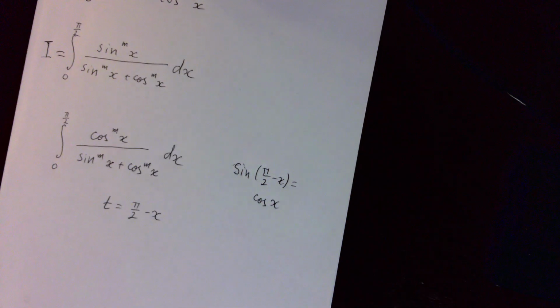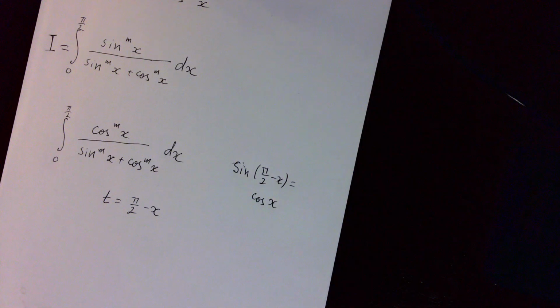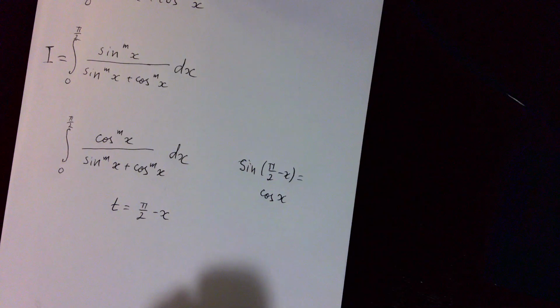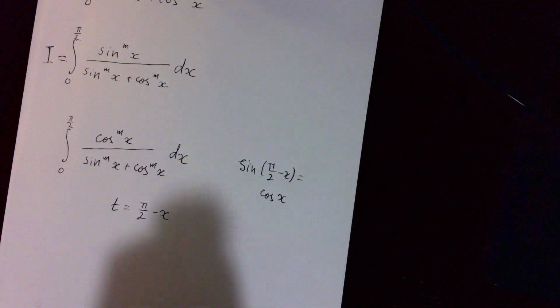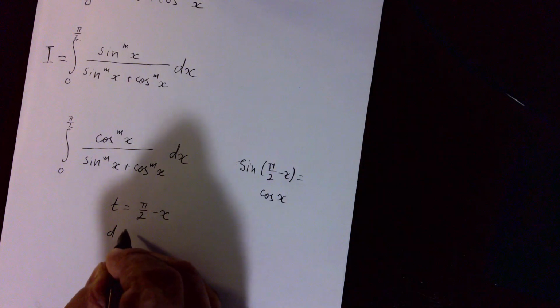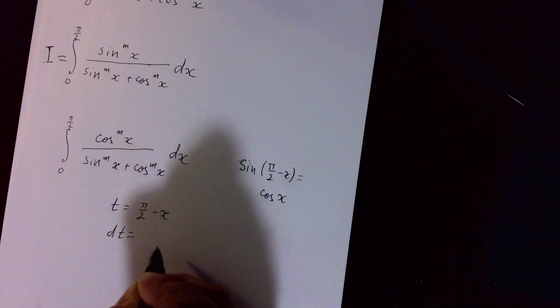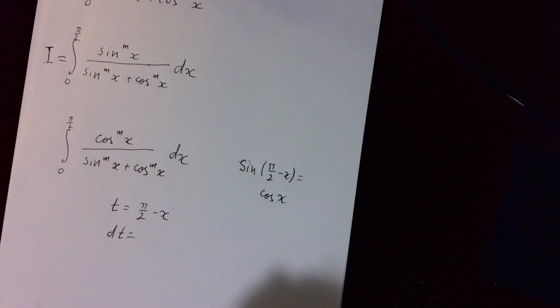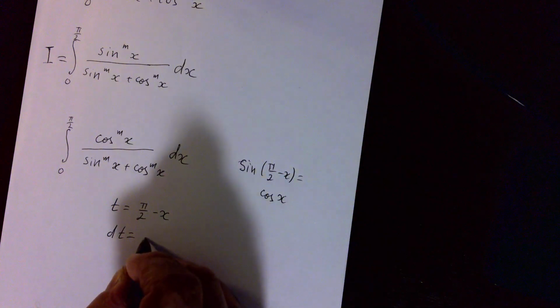Then what we do after this substitution is usual when we deal with integrals, definite or indefinite, doesn't matter. We represent the differential: dt is, since the differential of the constant pi over 2 is 0, minus dx.